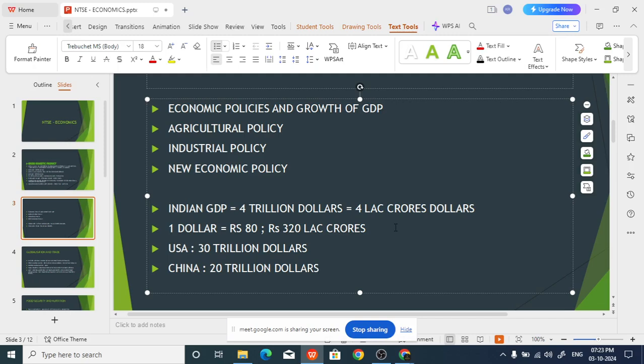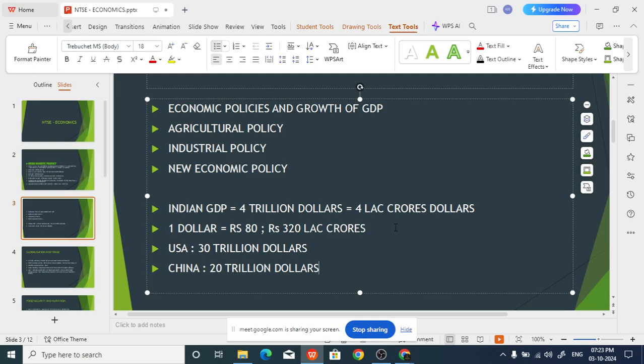Assuming the Indian population is about 140 crores and the US population is 35 crores, how many times is our population compared to the US? 4 times.